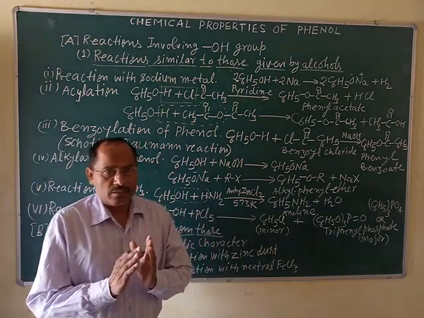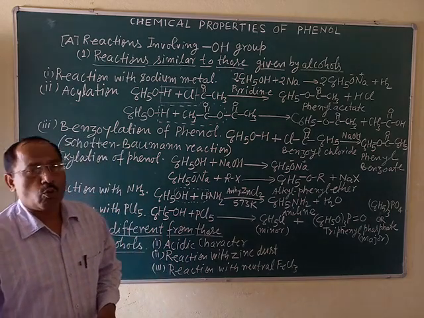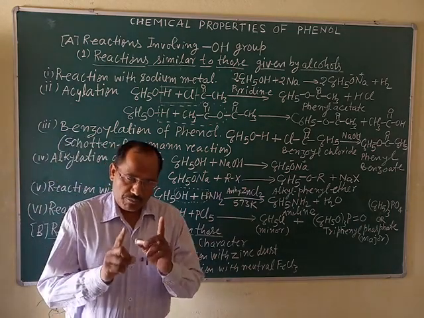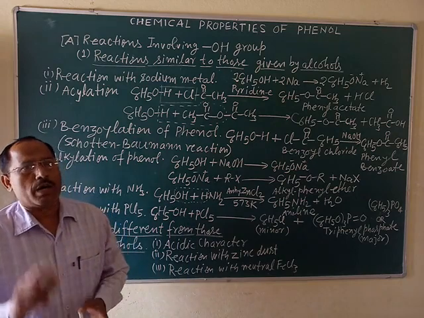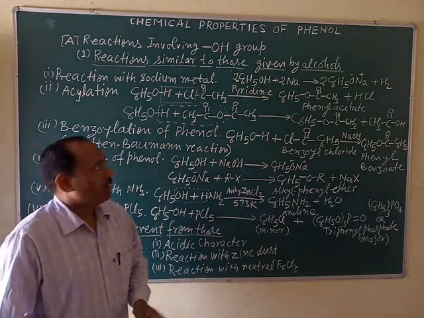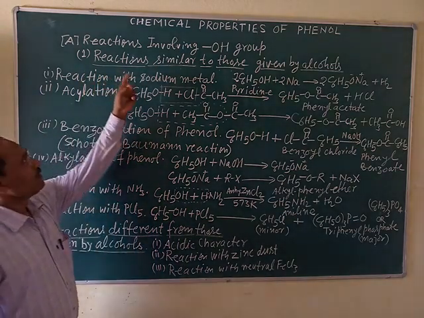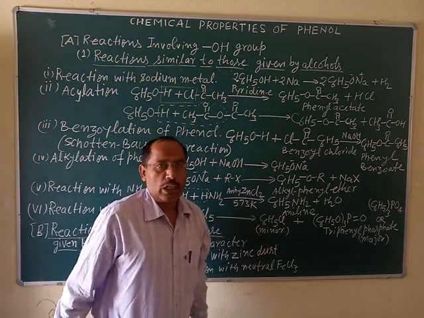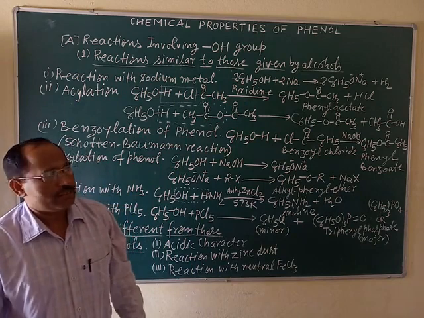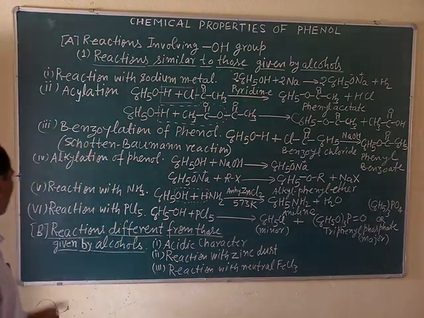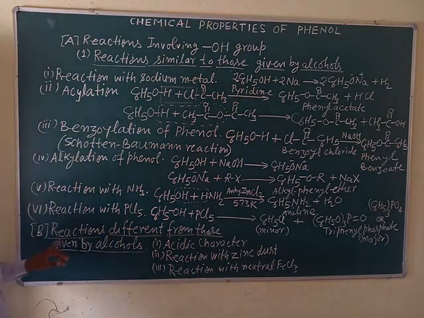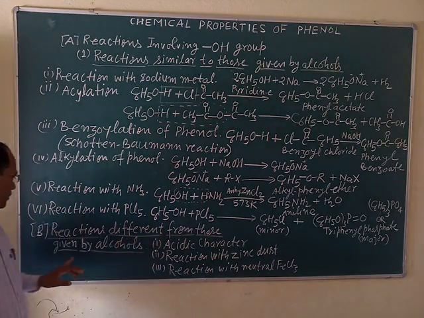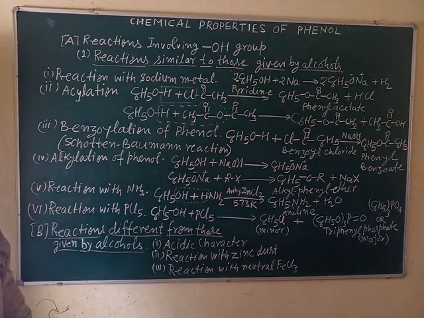The first category, reactions involving the OH group, can further be divided into two parts. First, reactions similar to those given by alcohols, and reactions different from those given by alcohols.